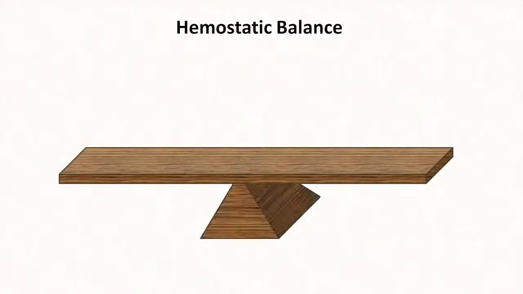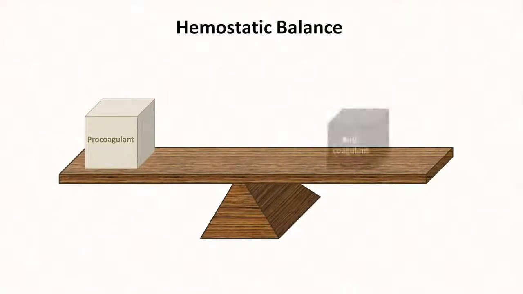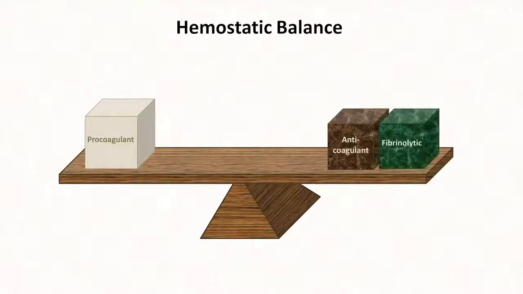An important concept when thinking about hemostasis is that of hemostatic balance. Imagine a seesaw in which one side is occupied by procoagulant forces and the other is occupied by a combination of anticoagulant forces and pro-fibrinolytic forces. In order for hemostasis to work successfully, in which the body clots in a rapid and limited manner when injured, but does not clot at all when uninjured, there must be a perfect balance between these.